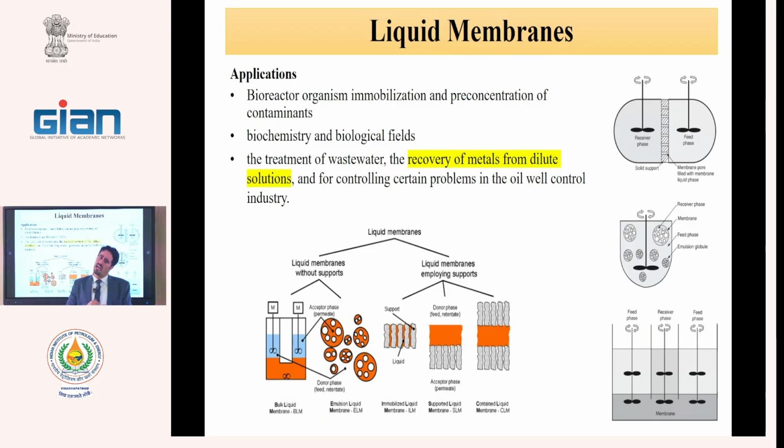These micelles can selectively absorb selected molecules from the organic phase to the water phase or reverse, from the water phase to the liquid phase. There are different configurations for the cells for separation of these molecules. Usually we have a feed and receiver phase, and it is mostly used for recovery of expensive metals.